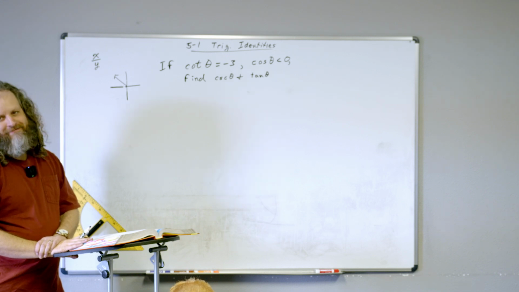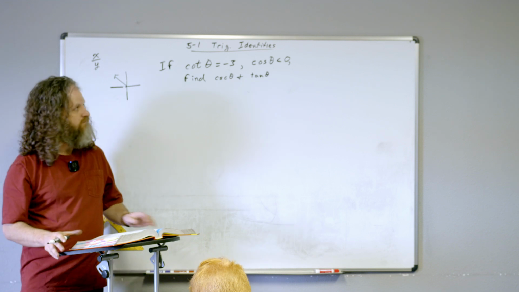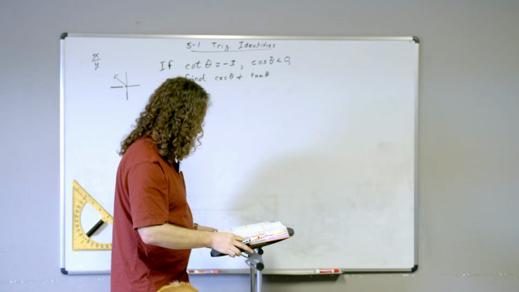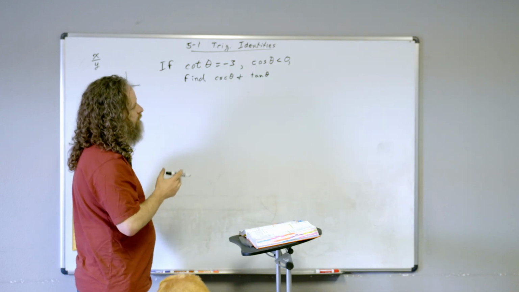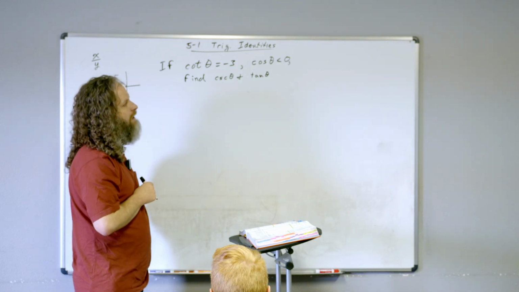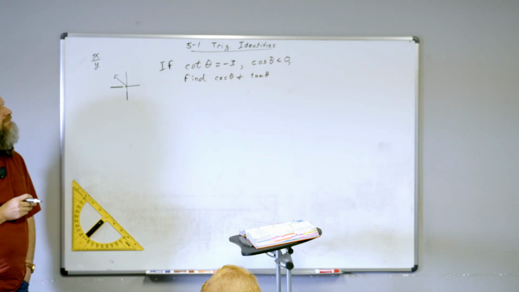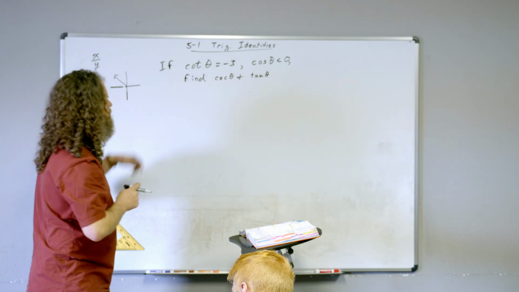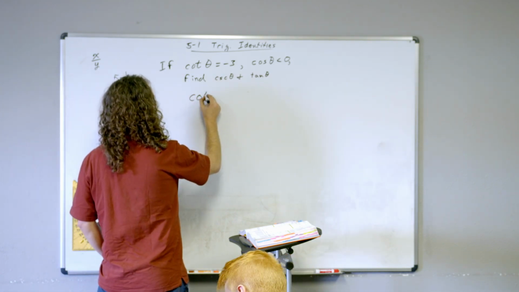Now what information could we use? What if we use a Pythagorean identity? What Pythagorean identity has this one? Cotangent squared theta plus 1 equals cosecant squared theta.